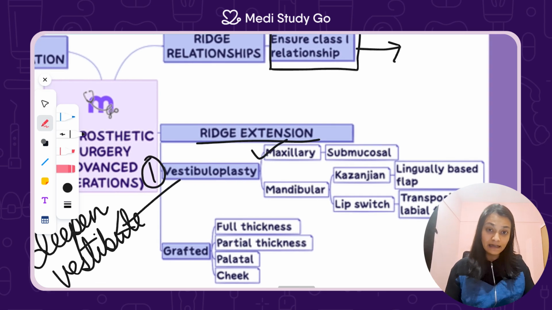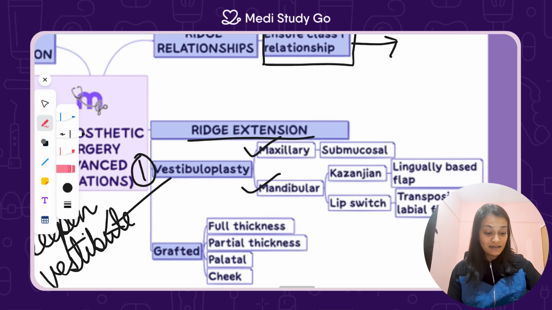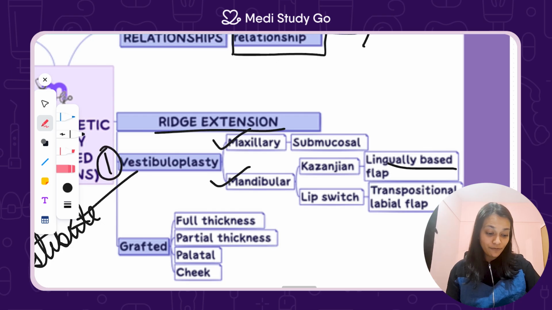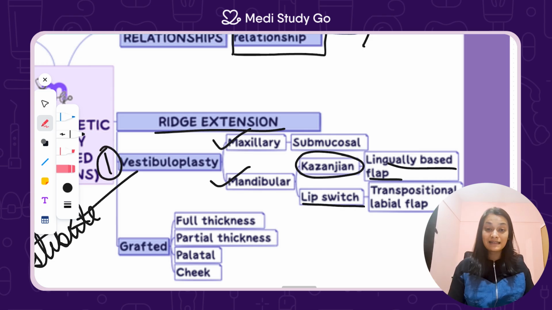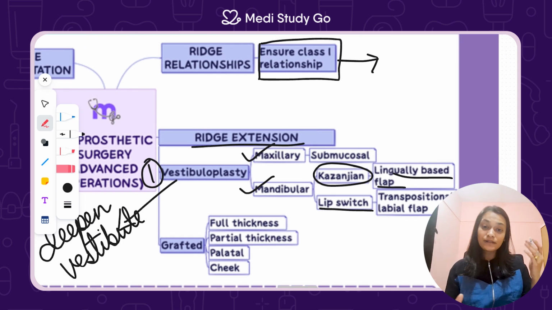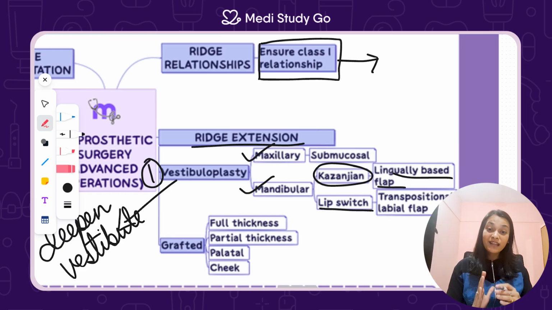In maxillary, it is submucosal, and in mandibular, there are methods in which lingually based flaps are used and they are transpositioned, or there is something known as lip switch, in which the labial flap is replaced by the alveolar mucosa or the alveolar flap. This will lead to deepening of vestibule without adding any bone. It is just we are taking the vestibule lower to its original level.